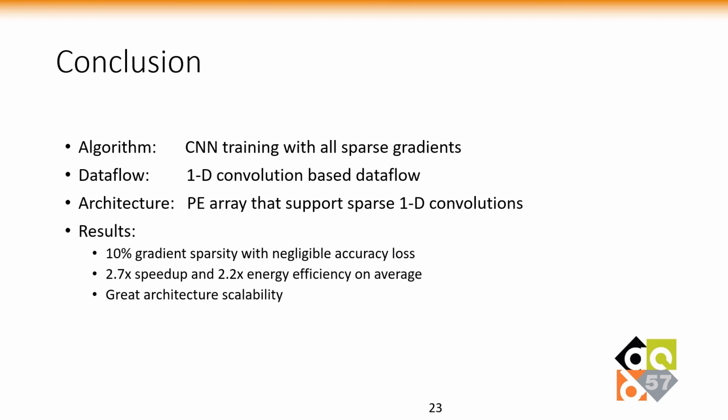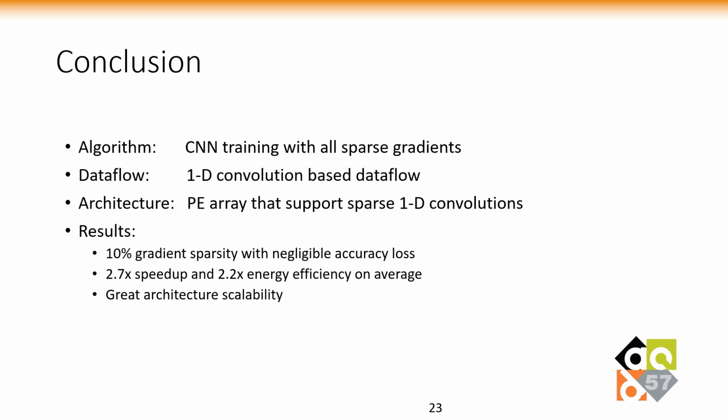In conclusion, in this work, we proposed a gradient pruning algorithm that fully exploits sparsity in CNN training. To make full use of data sparsity, a one-dimensional convolution-based training data flow is designed. We also design an architecture to support this data flow with high performance.